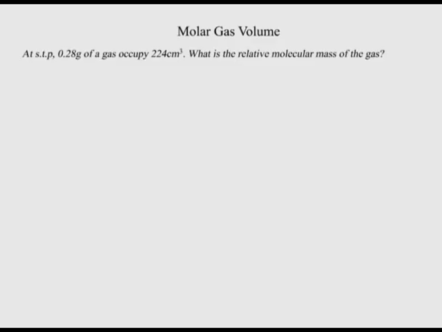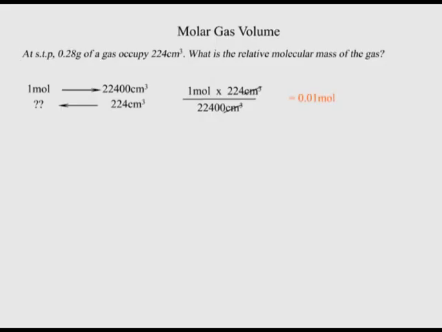We know that 1 mole of a gas at STP occupies 22,400 cubic centimeters. And here we have a gas occupying 224 cubic centimeters. How many moles are those? We have 1 mole times 224 over 22,400. That gives us 0.01 moles.